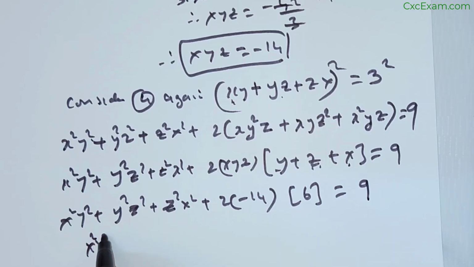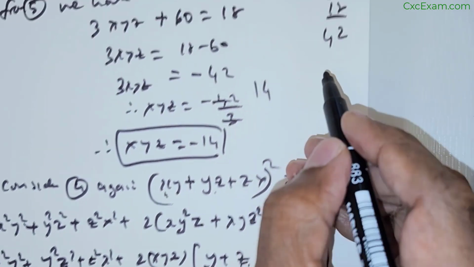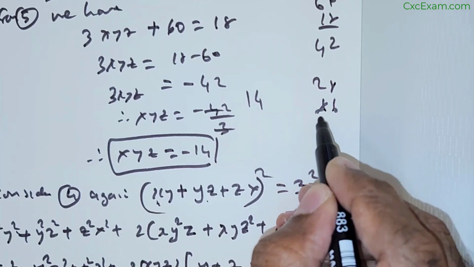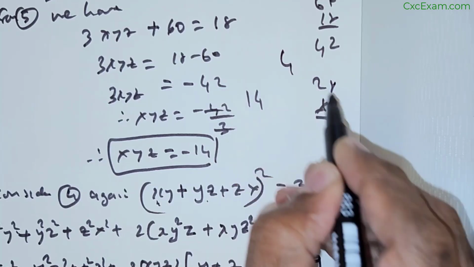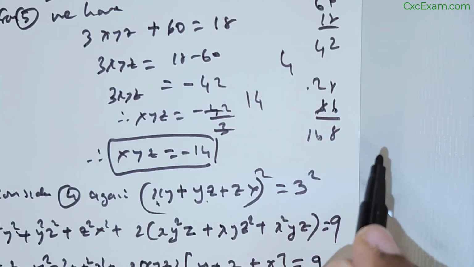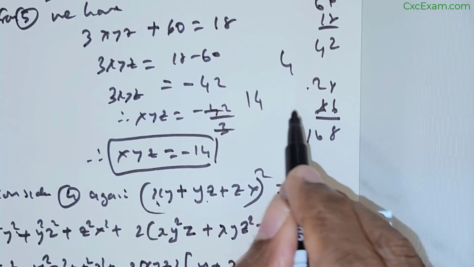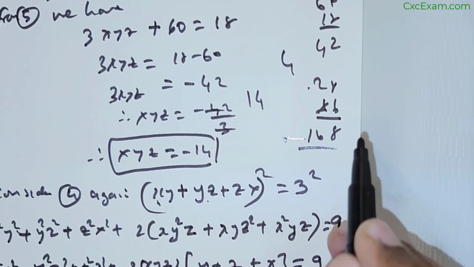So now x squared y squared, positive y squared z squared, positive z squared x squared is equal to, now you have 28 multiplied with 6. 6 8s are 48, 4, 6 2s are 12, 168, right? 168 with a negative sign.